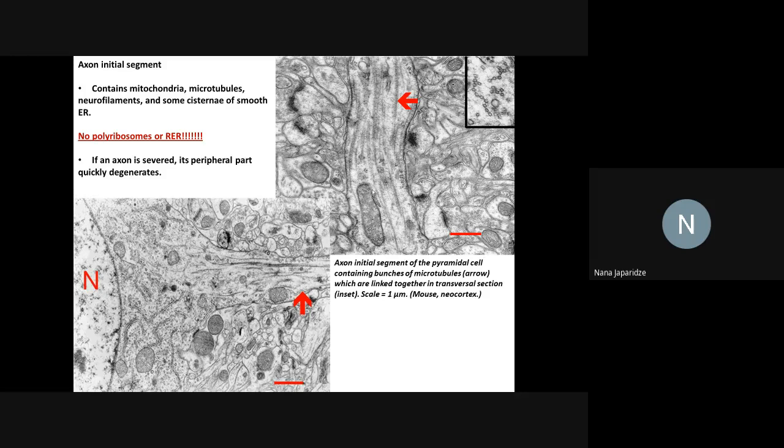It contains mitochondria, microtubules, neurofilaments, look this one, or here that one, and cisterns of smooth endoplasmic reticulum, but no polyribosomes of Nissl substance. In the dendrites, you can identify polyribosomes, but in axons, no, never.